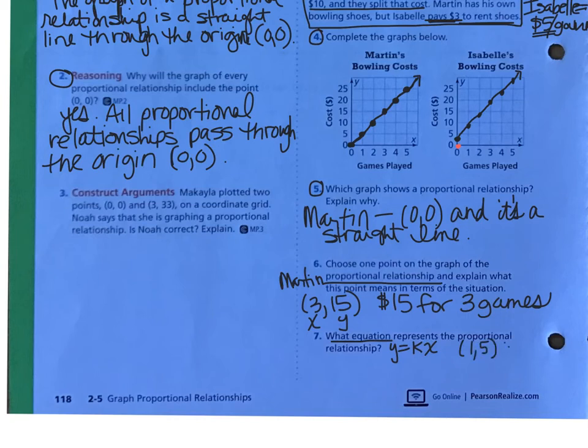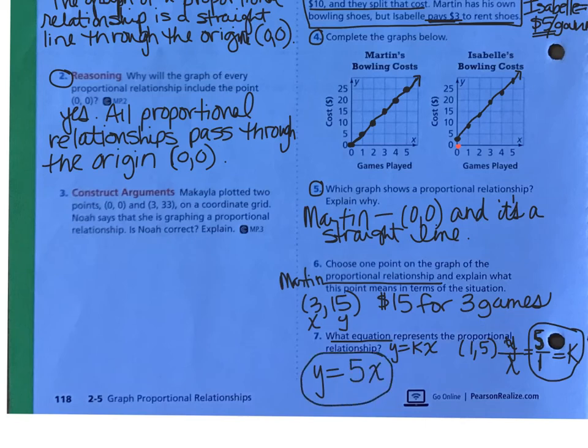So our ordered pair (1, 5) would show us our Y number over our X number, or 5 over 1. And what that means is our K value is 5. So the equation is y = kx, in this case y = 5x, because the unit rate is $5 per game.